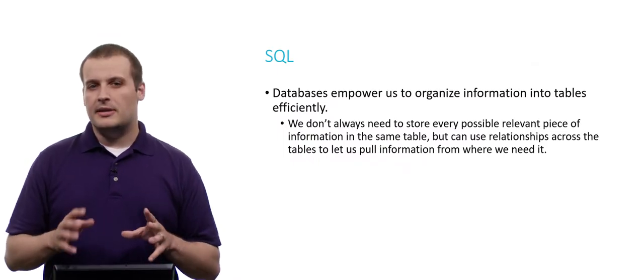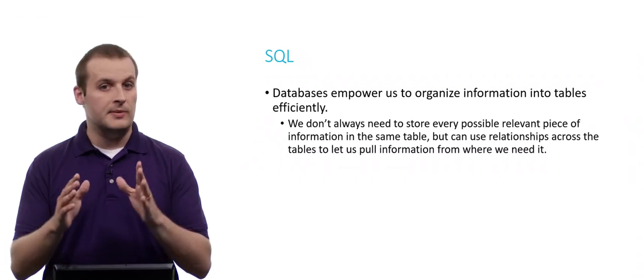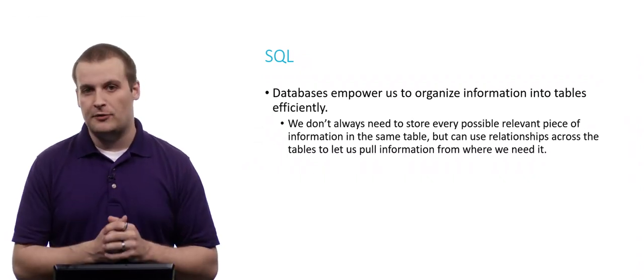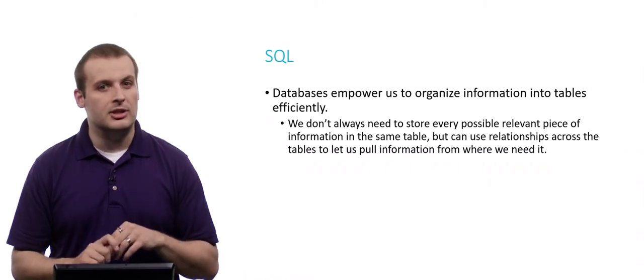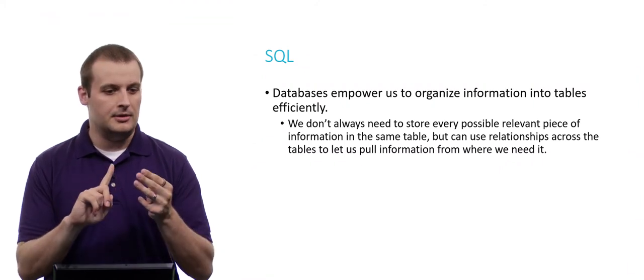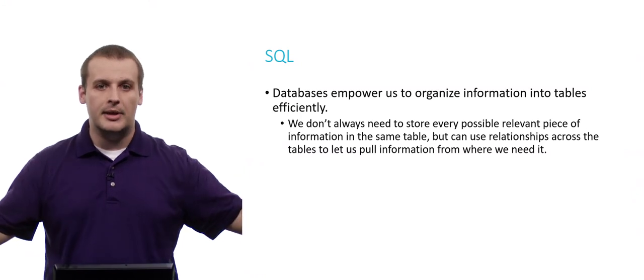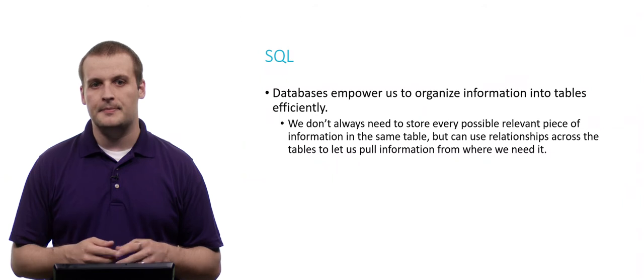So here's the thing that's cool about databases, though. We don't have to just have 2 tables. And in particular, we don't have to have just one table that stores every relevant piece of information about a user. If we wanted to store, in addition to what we have there, information like their address and their date of birth and their social security number or whatever else we wanted to keep about them, this table could get bigger and bigger to the point where it becomes almost annoying to use.